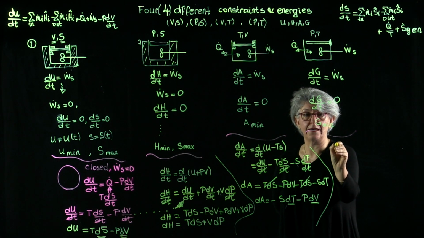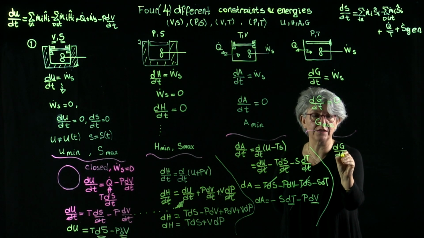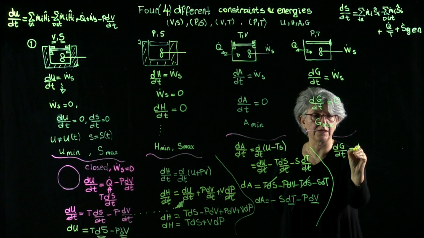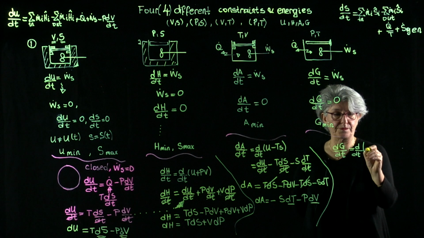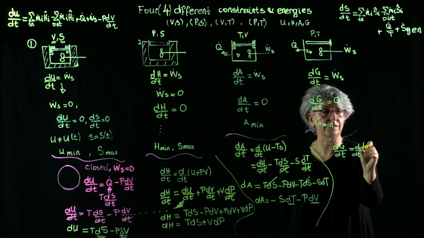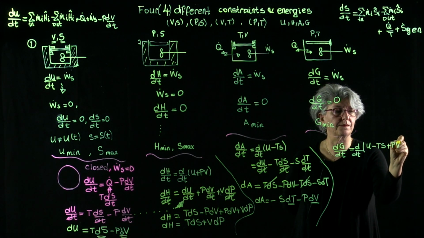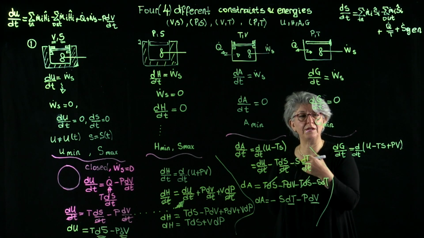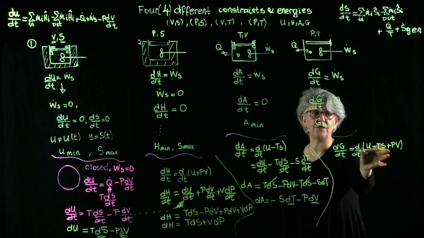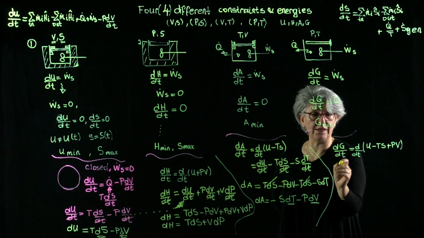Let's get our Gibbs free energy definition incorporated into the analysis: G is U minus TS plus PV. We can take either the direction from enthalpy or from Helmholtz free energy, or we can just start from the internal energy, which I will do.